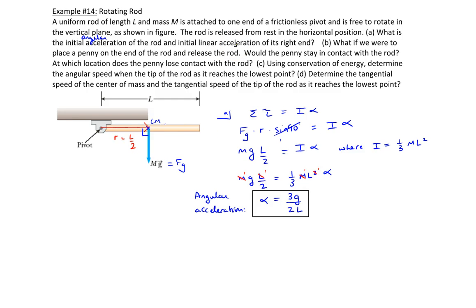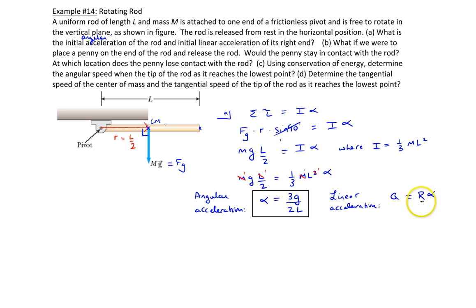So if we're going to be looking at the far right end, by the way, at the beginning, all of the points on the rod have the same angular acceleration, right? But they will have different linear acceleration. The further you are away from the pivot, the greater your linear acceleration. If you recall, the linear acceleration is given by r multiplied by alpha.